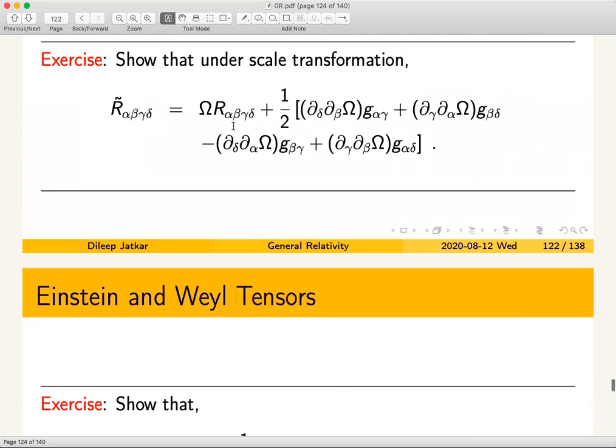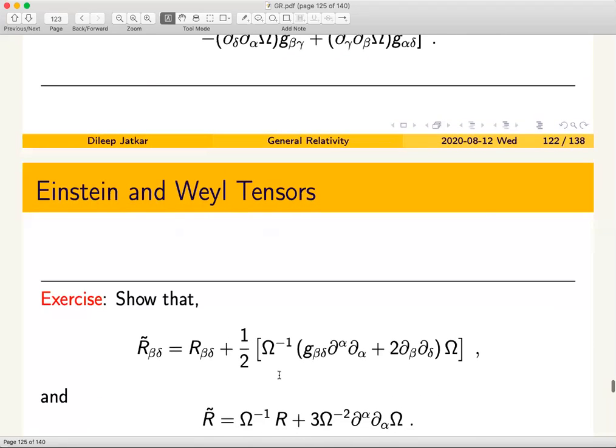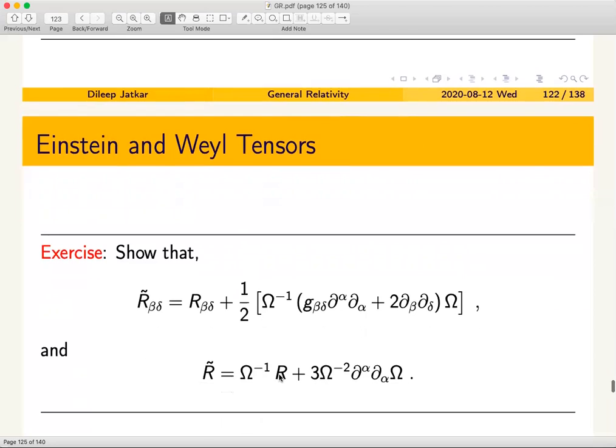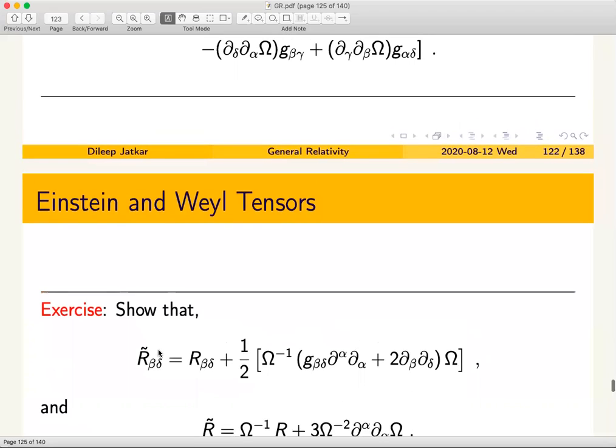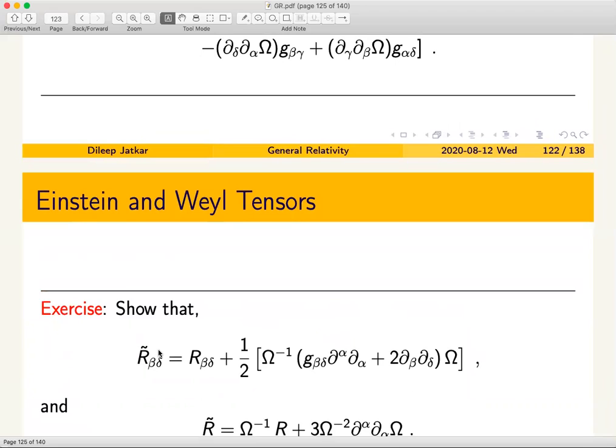Once you convince yourself that this is right with the minus sign here, then you can derive these results. Now we can use all these relations in the Weyl tensor expression and check how the Weyl tensor transforms.